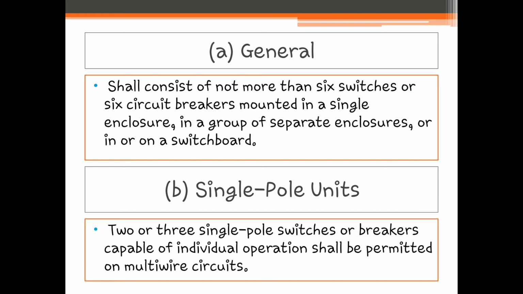Next is single pole units. Two or 3 single pole switches or breakers capable of individual operations shall be permitted on multi-wire circuits, one pole for each underground conductor as one multiple disconnect, provided na naa siya ay equipped na main handle to disconnect all underground conductors with no more than 6 operations of the hand.